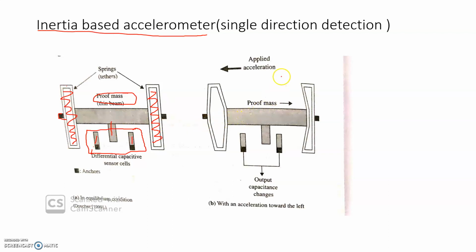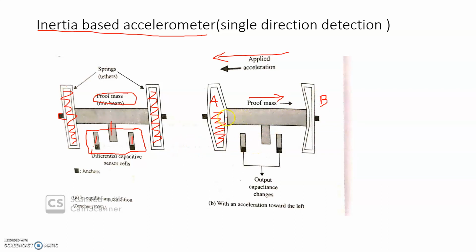When we have an acceleration in this direction, the proof mass will start to extend in this direction. This gives an elongation of the spring at end A and a compression of the spring at end B, and the same applies to the transducing part.